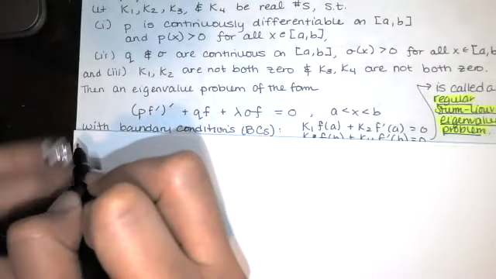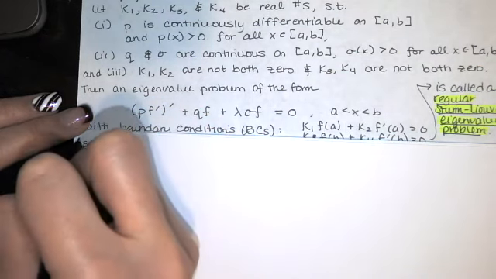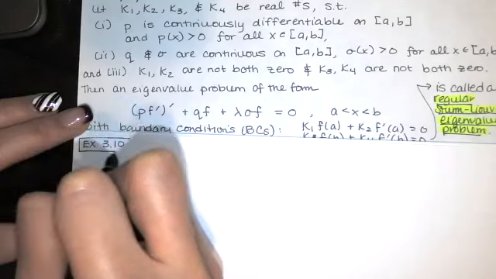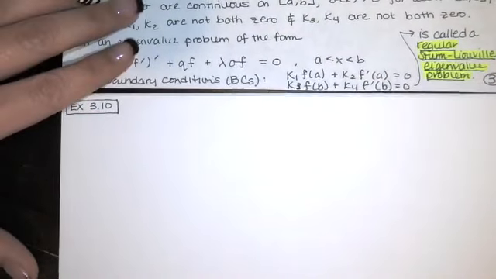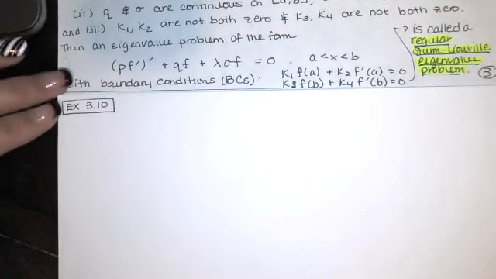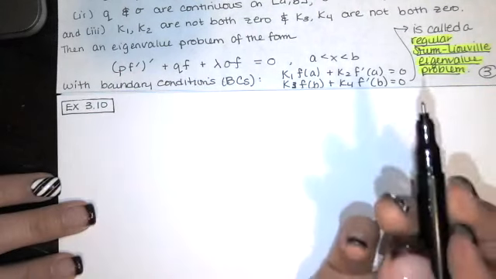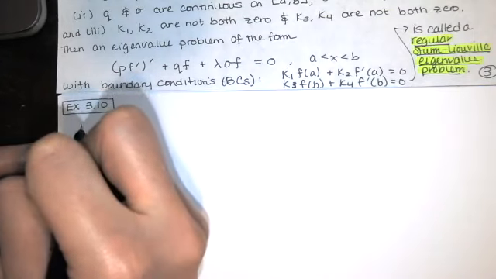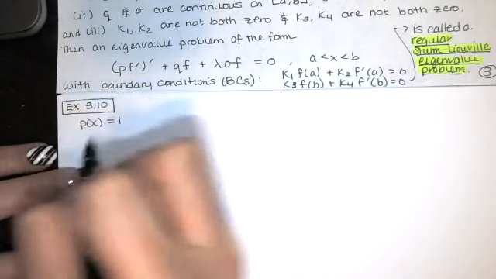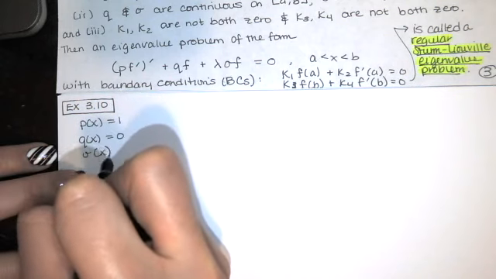Let's look at example 3.10. So here's our initial value problem, and this just says, okay, let's say that p is equal to 1, and q is equal to 0, and sigma is equal to 1.